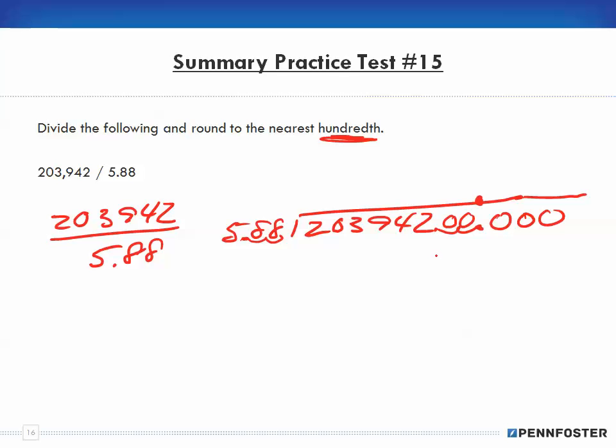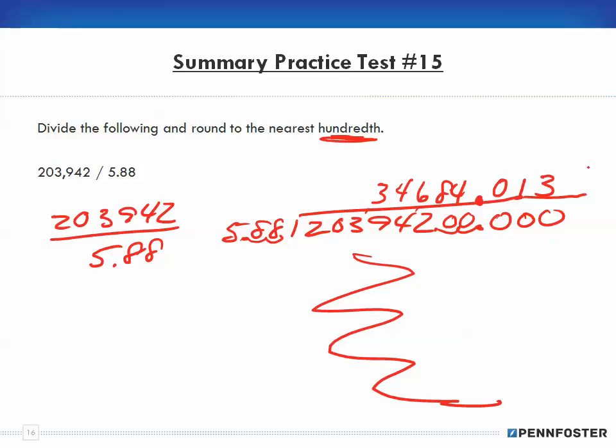Now, when I do the math, 588 can't go in, 588 would go into 2039 3 times. So I'm going to end up with 34,684.013. When I do all the rest of that math, this is my answer.